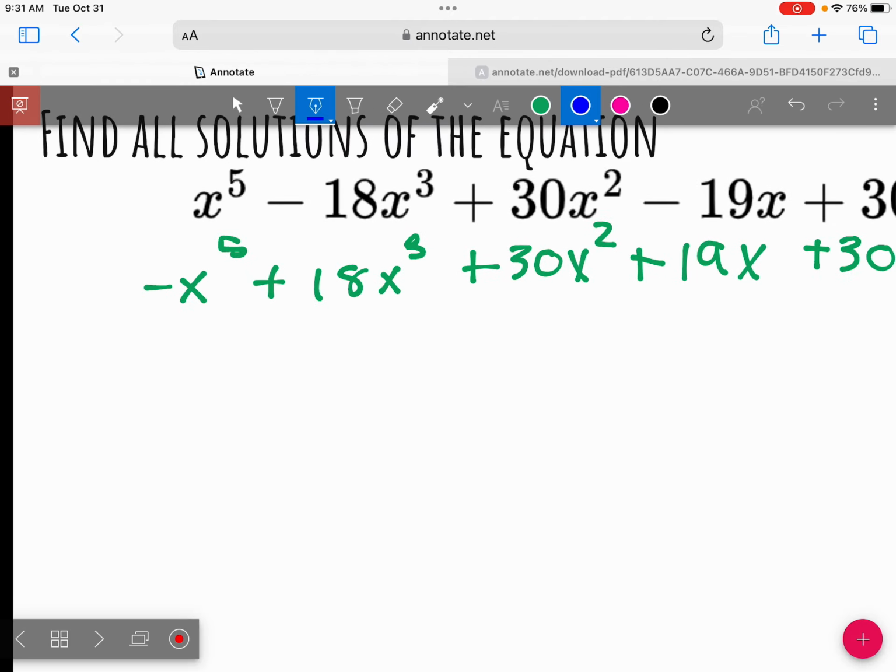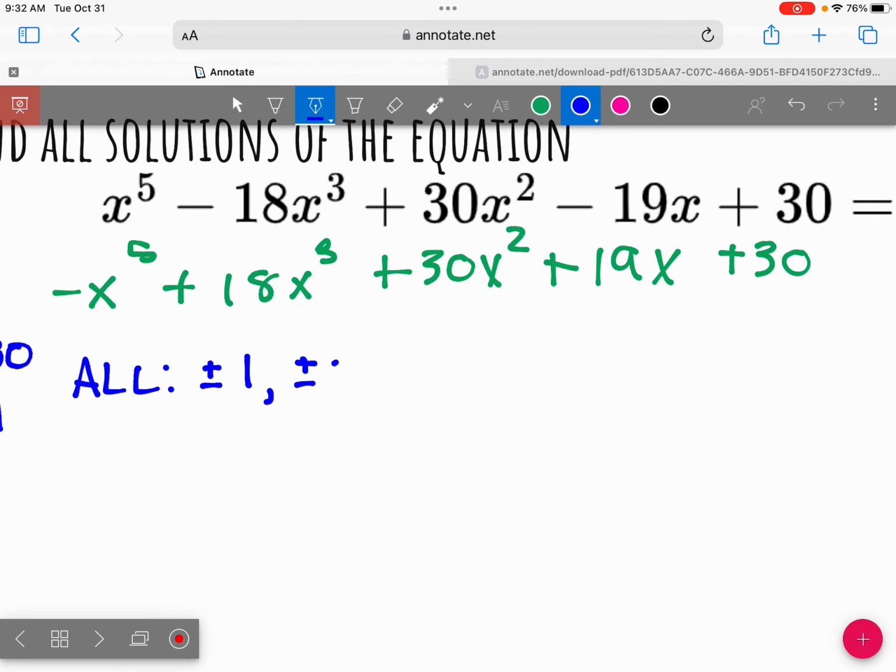What is our value of P? 30. What is our value of Q? 1. So when our Q is 1, all we have to do is list out our factors of 30. If we had a Q that wasn't 1, we'd have to do the fraction-y thing for our giant list. So our factors of 30 are what? 1, 2, 3, 5, 6. So plus and minus 1.